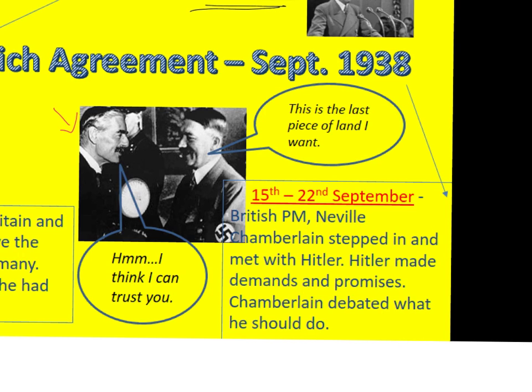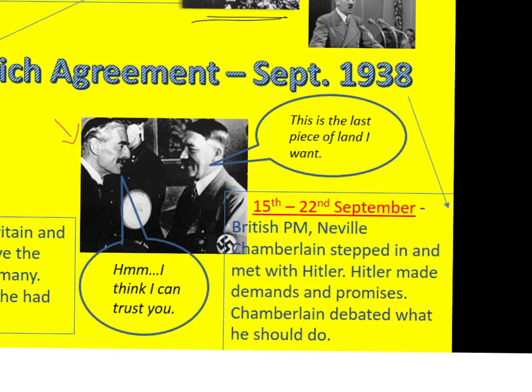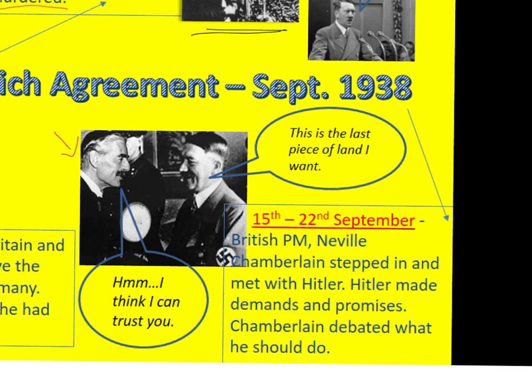Now, one thing with Chamberlain is that, and it's not fair to say that he was naive or foolish, but I think really he did in his heart of hearts think he could trust Hitler to some extent. Because Hitler was constantly saying, look, this is the last piece of land I want, it takes back the Treaty of Versailles, what I've always gone on about, I want the Sudetenland back, let's just sort it out, let's avoid war.